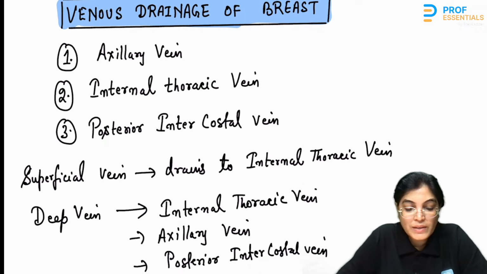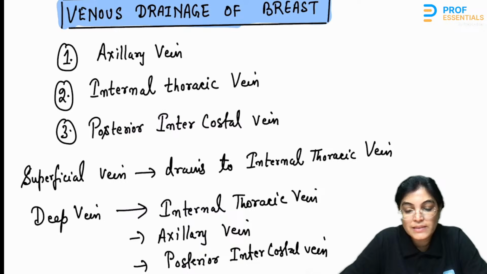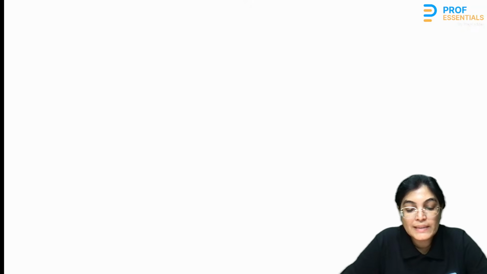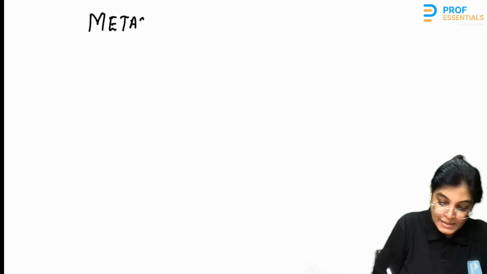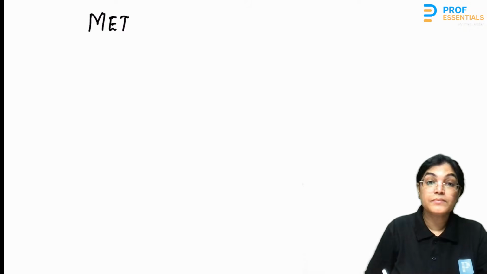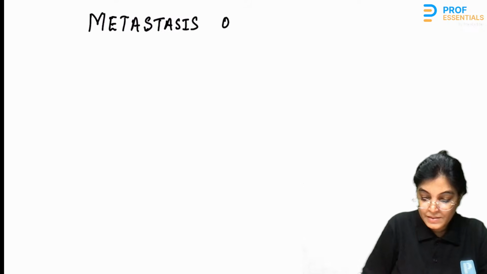Now it's important that we know how breast cancer spreads. One important point about the spread of cancers, I want you to know as a clinical correlation. So you can write down metastasis of breast cancers.